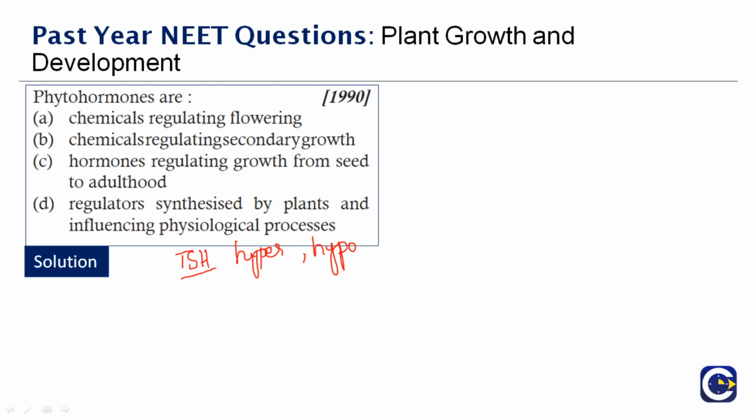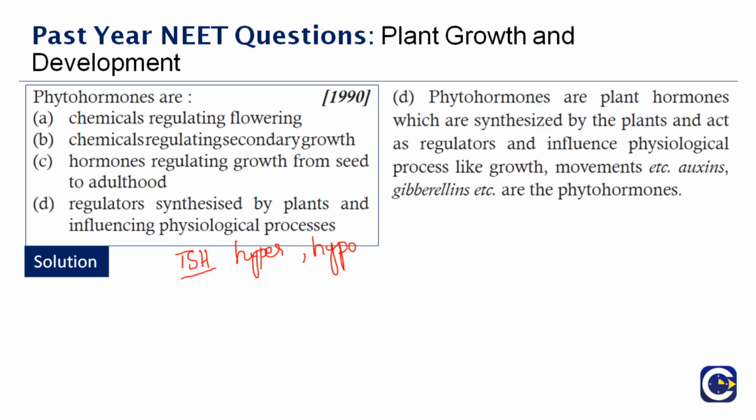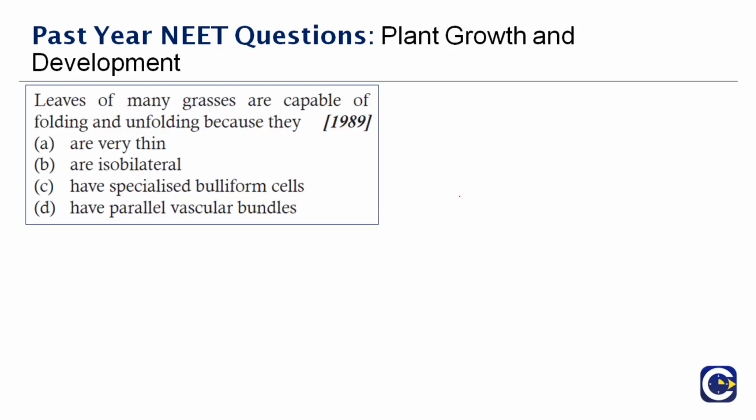Likewise, phytohormones are in reference to plants. They regulate the plants and also see to the physiological processes. Therefore the correct answer is option D. Usually the hormones that you see are auxins, gibberellins. All these are examples of hormones. Okay, fine. Next question here.